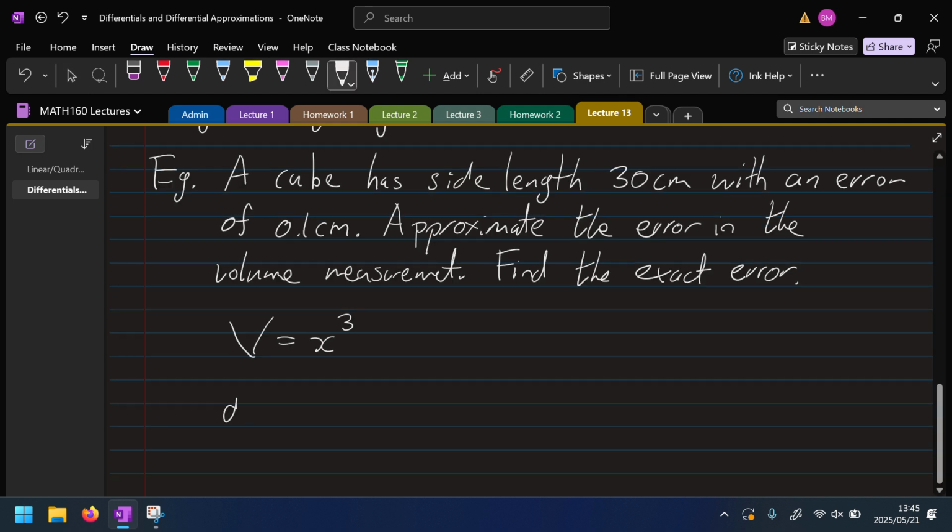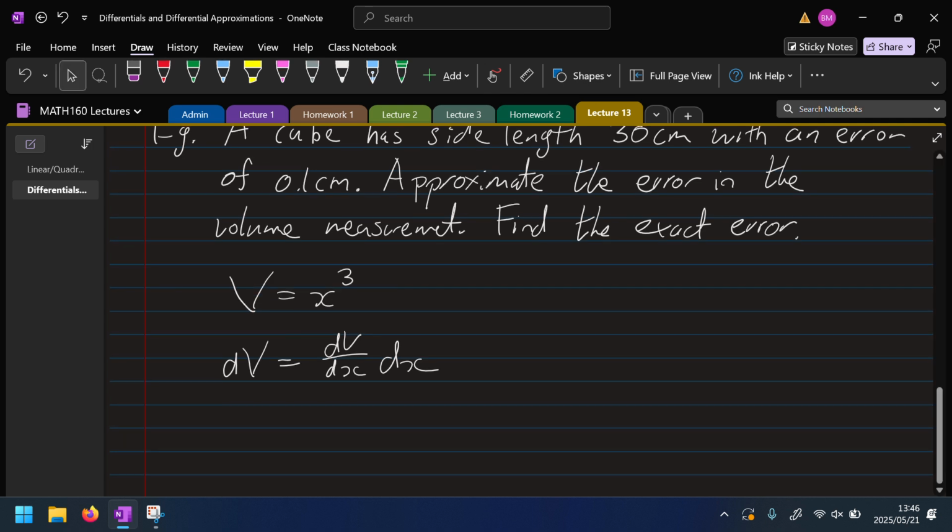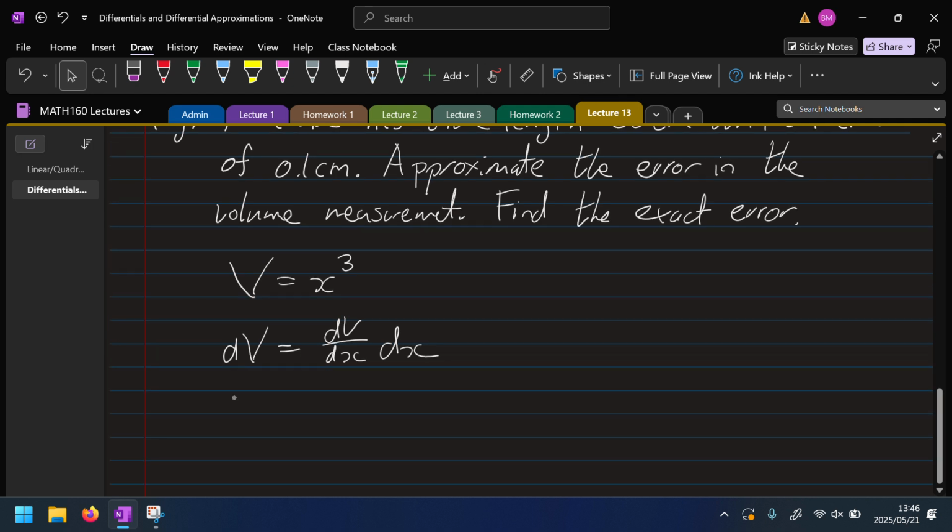So dV is going to be dV by dx dx. This is just using the definition, dy is f prime of x dx. Now, what is dV by dx? That's going to be 3x squared. So dV will be 3x squared dx.